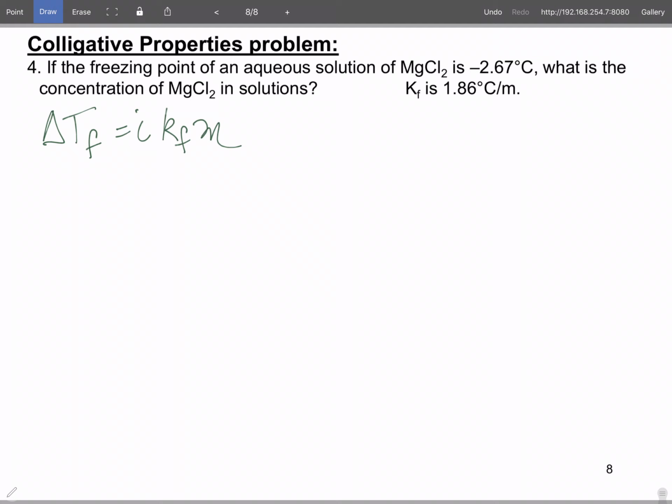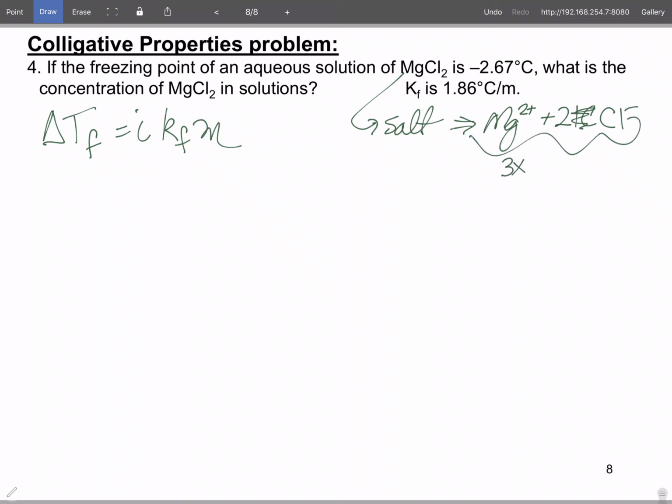So up to this point, when we were doing our unknowns, we were doing all molecular compounds. So i was equal to 1, except this is a salt. So it's going to dissociate into magnesium 2+ plus 2 chlorides. So basically, we're going to end up with 3 times the particles.